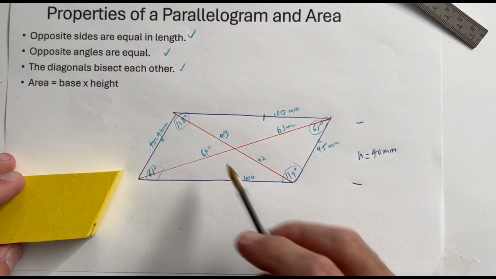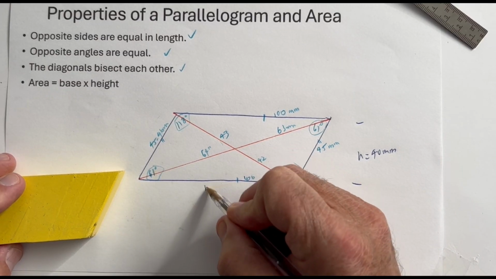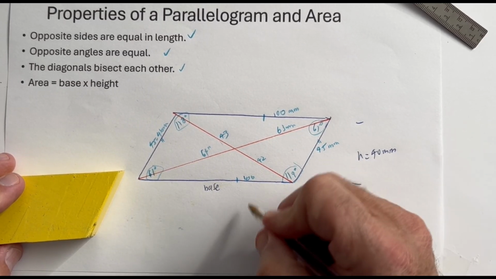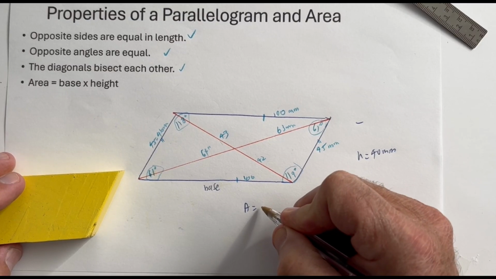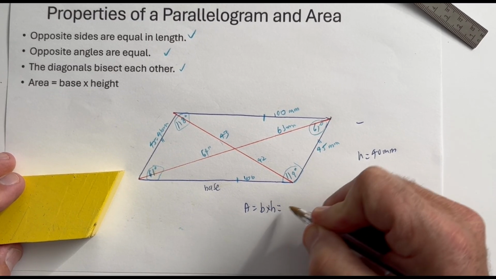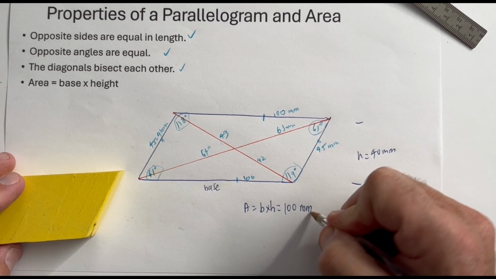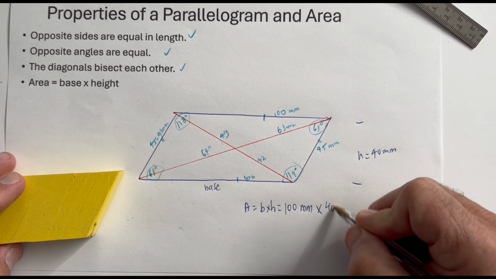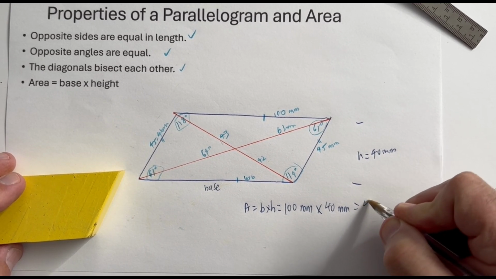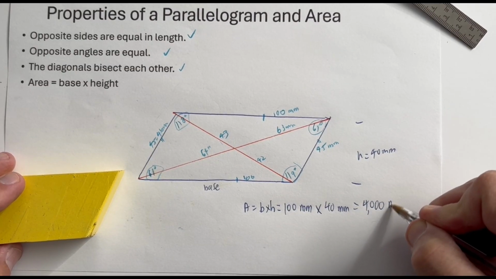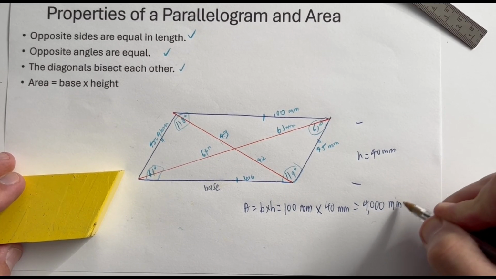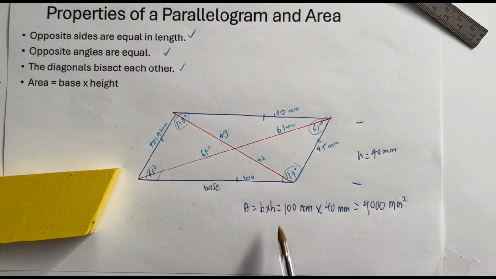And we already know the base is 100 millimeters, so the area is going to be the base times the height. The base is 100 millimeters times 40 millimeters. That's 4,000, and the units on that would be millimeter squared because it's millimeters times millimeters.